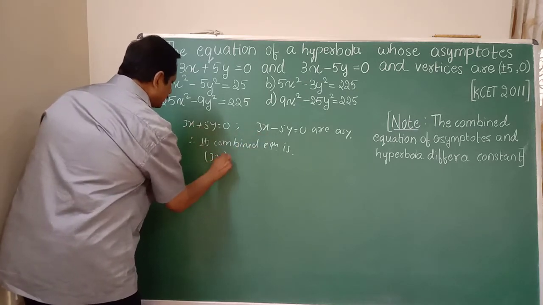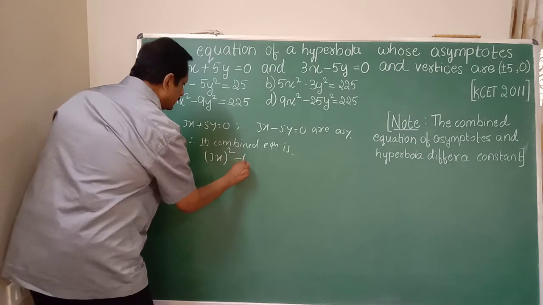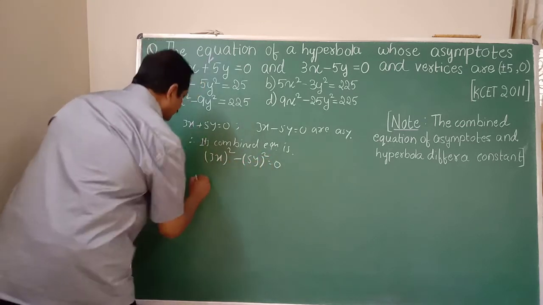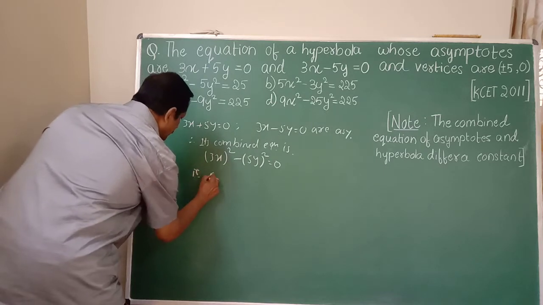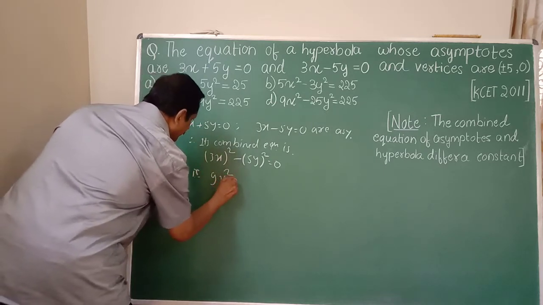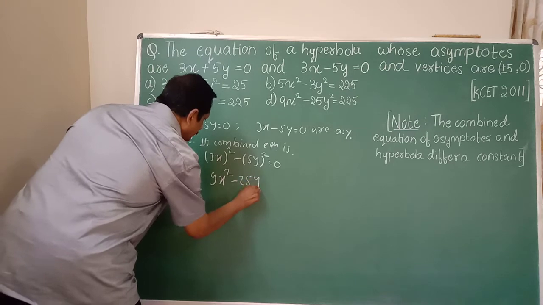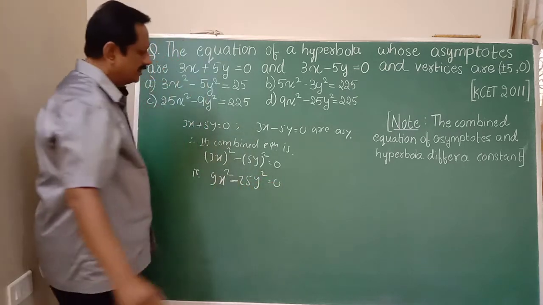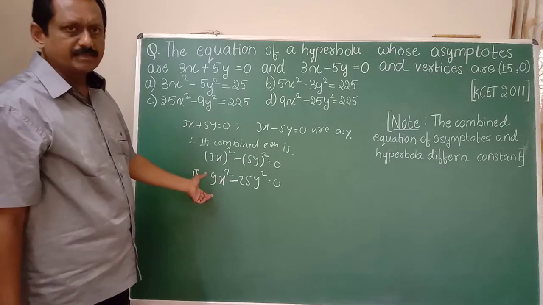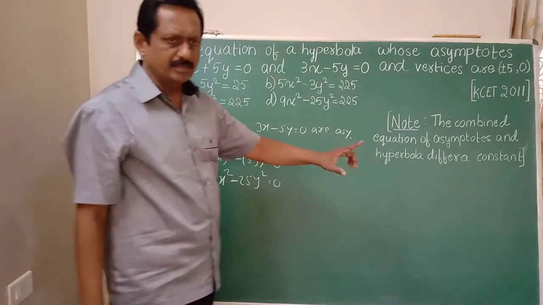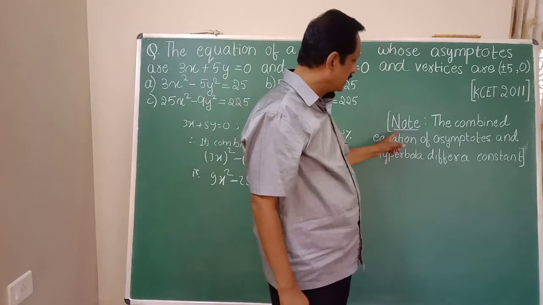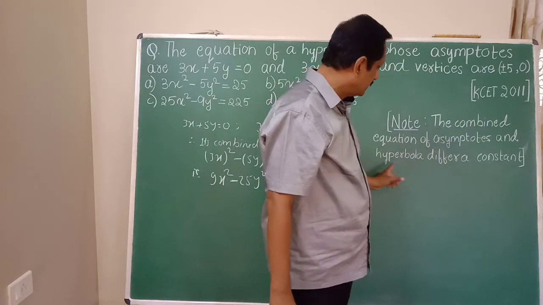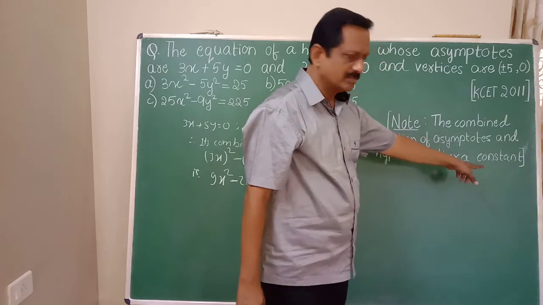So (3x) squared minus (5y) squared is equal to 0, that is 9x² - 25y² = 0. It's the combined equation of the asymptotes. There is one important note here, a standard result: the combined equation of the asymptotes and the hyperbola differ by a constant.